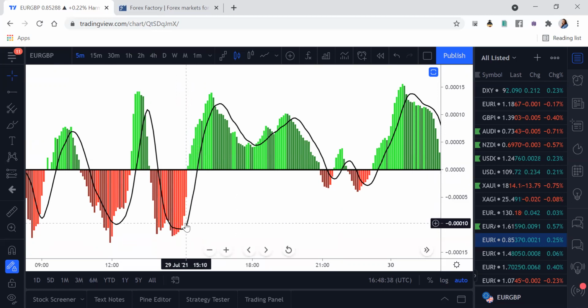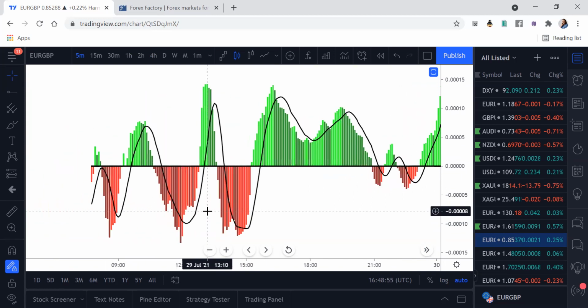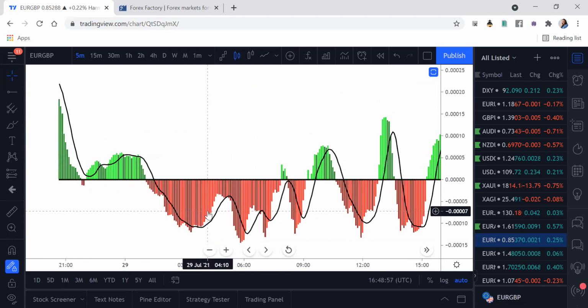If you're using it when it's all down here, there's a possibility that as the signal line starts to come up towards the zero line, the sellers pick up their momentum again because there's so much space. And more often than not, I have seen it before, right? This is a good example here.